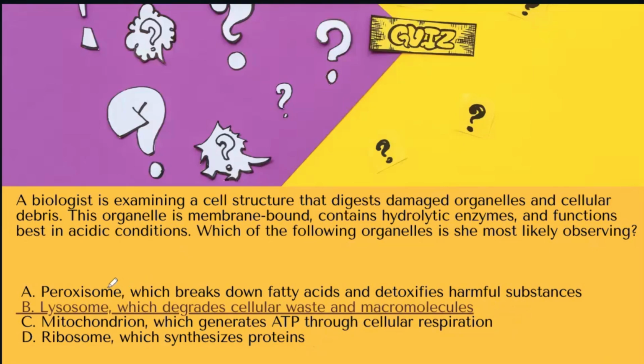But let's talk about peroxisomes, which do help break down fatty acids and detoxify harmful substances. We did not talk about this as an organelle because while you're required to know this, it isn't something that is really a big topic, but you should be familiar with it. Now, peroxisomes are known for various metabolic reactions, particularly in lipids and hydrogen peroxide.